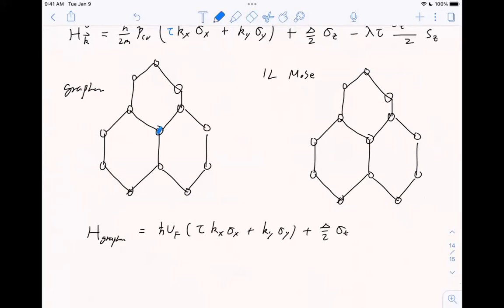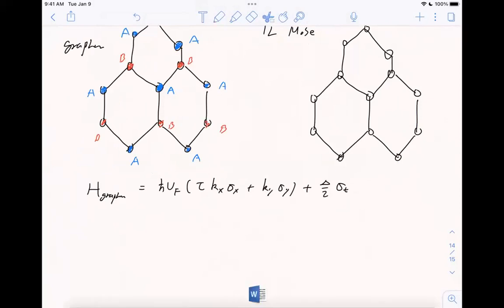For graphene, these are the A atoms, and these are the B atoms.